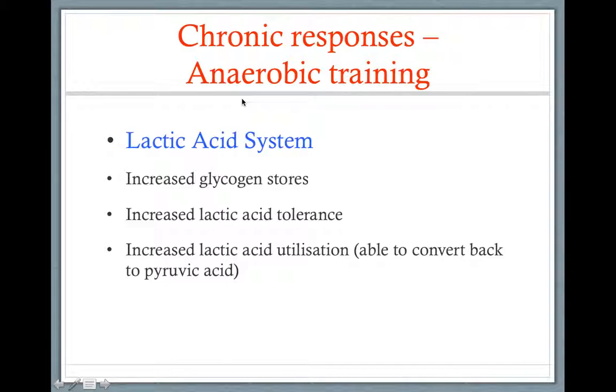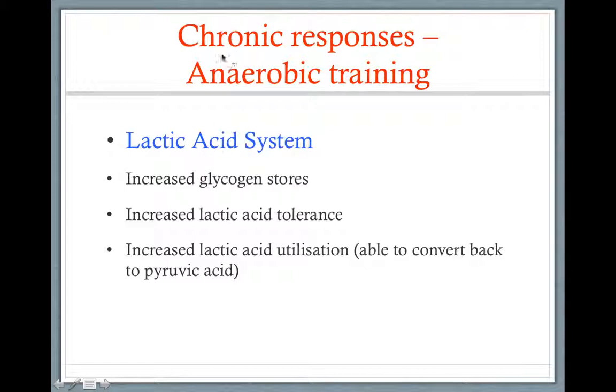So if we're able to store more glycogen, which is converted into glucose, which we use in anaerobic systems, that would mean we can work at a longer duration in the anaerobic system, which would suggest why we've got an increased lactic acid tolerance. So you think, for example, 400 metres. 400 metres is largely reliant on the lactic acid system.